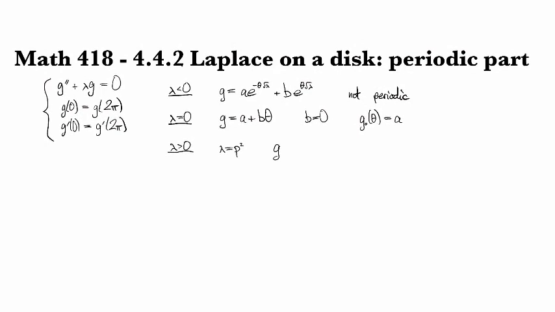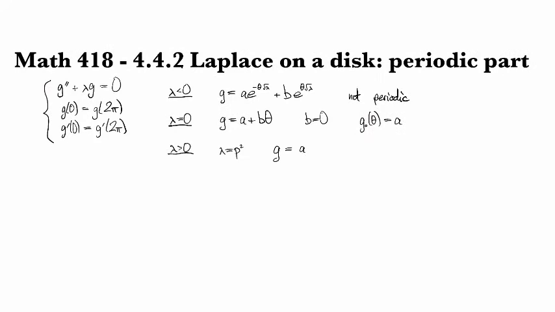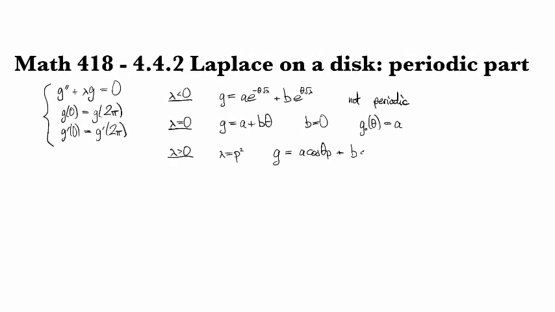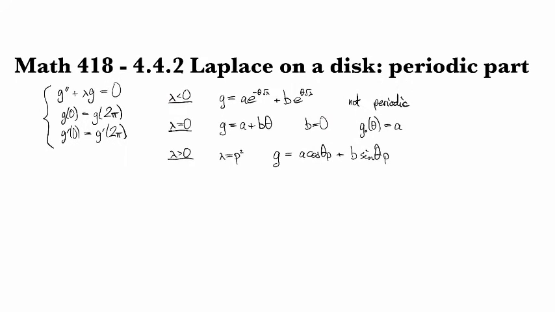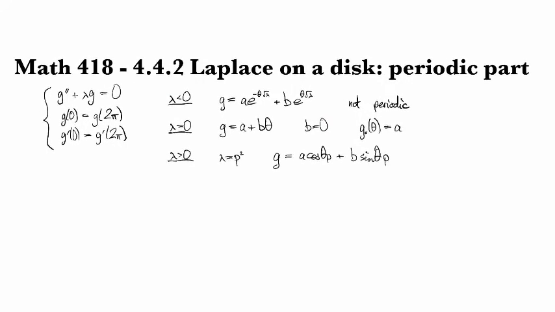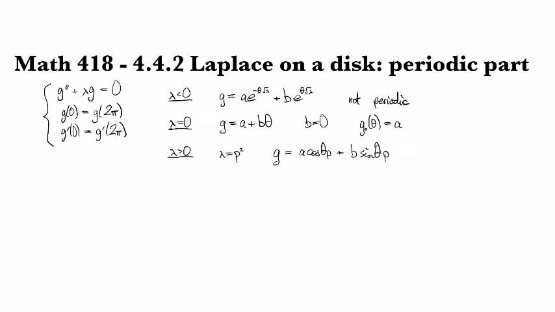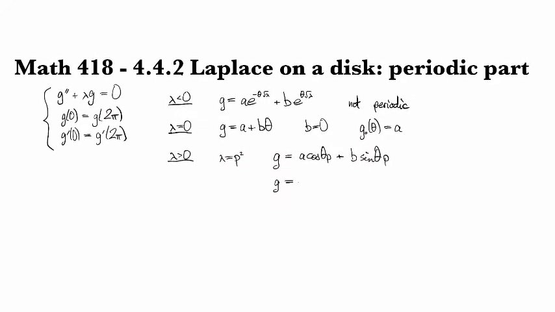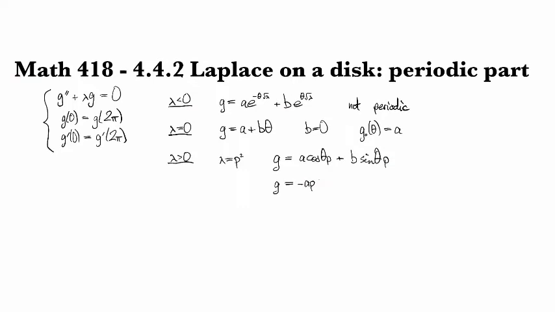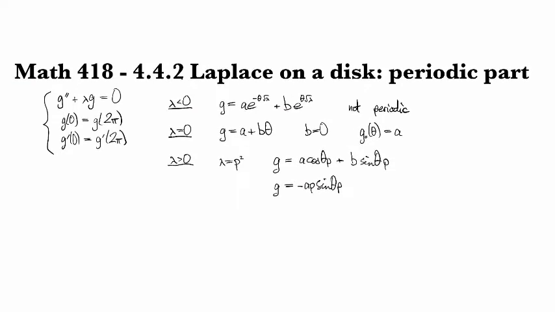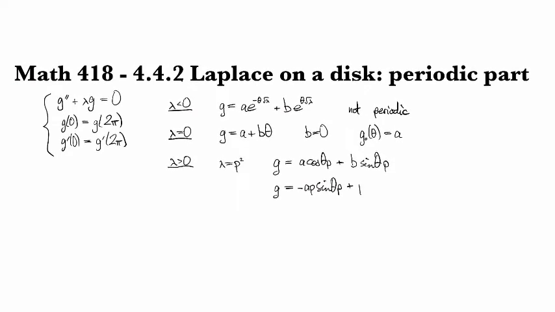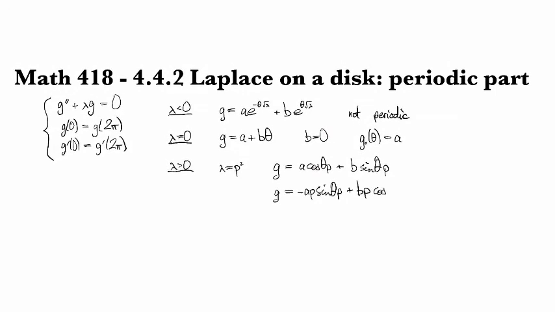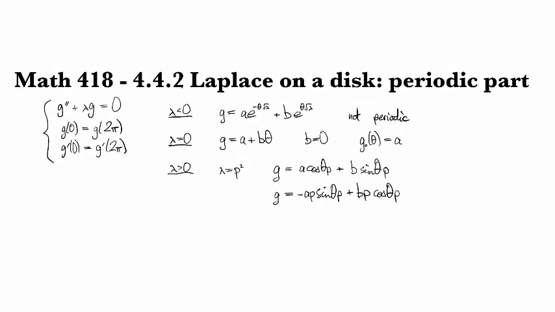The form of our solution will be a cosine theta p plus b sine theta p. And if we differentiate it to check the derivative boundary condition, this is going to be minus a p sine theta p plus b p cosine theta p.